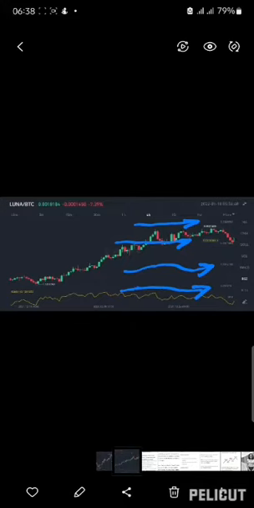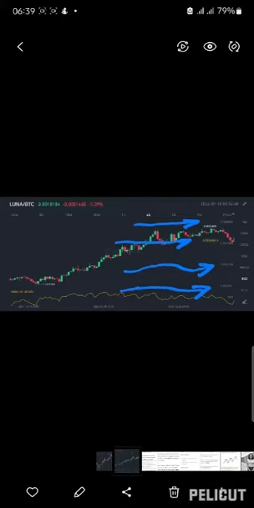So the basic thing that you should know is that the support level is the place where you see a lot of buyers. It is called the demand zone, while the resistance level is the supply zone. Whenever a price hits a resistance level, there is bound to be a little bounce.